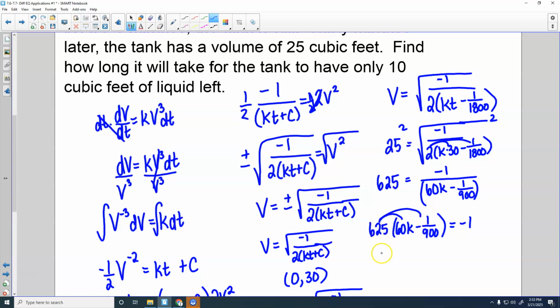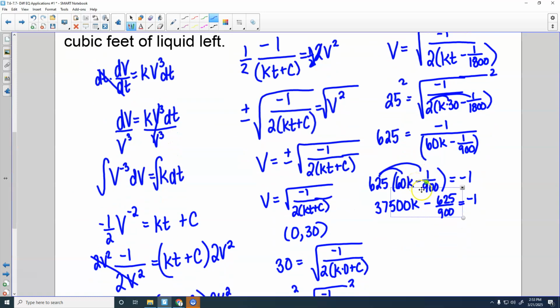So 625 times 60 is 37,500 K minus, I'm just going to write it as 625 over 900 right now, equals negative 1. What do I need to do now?